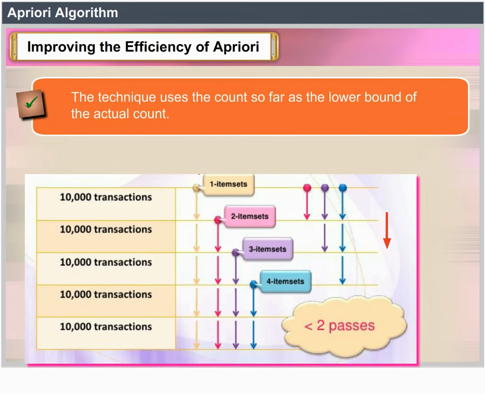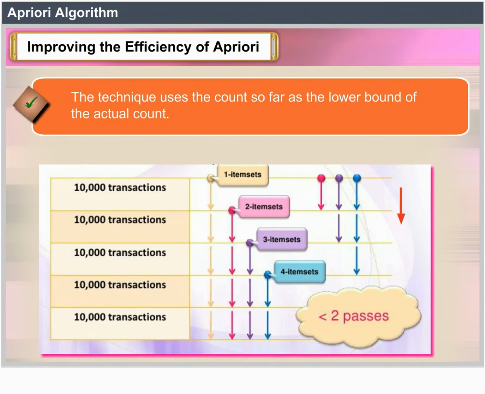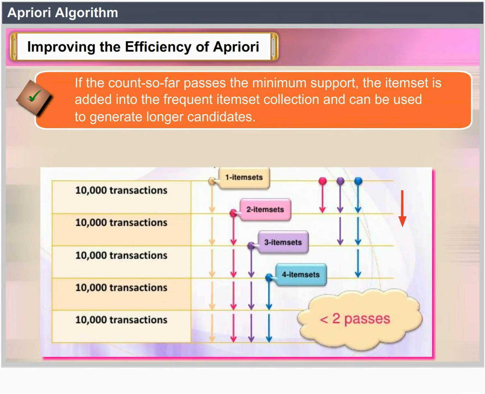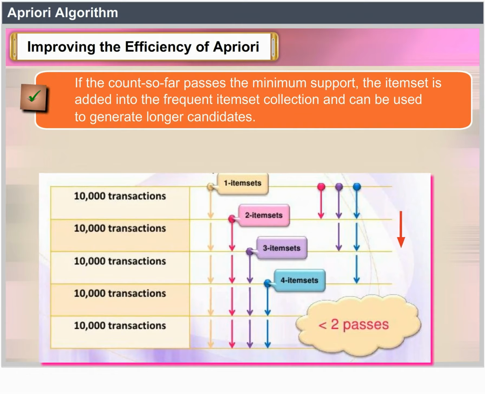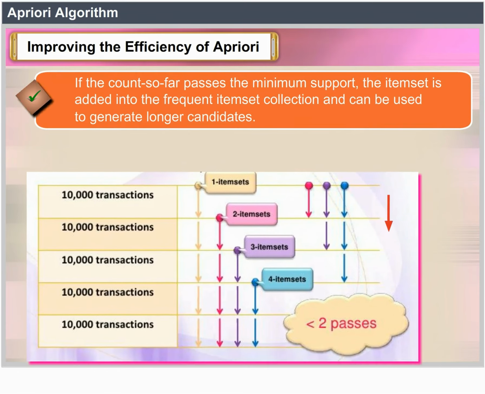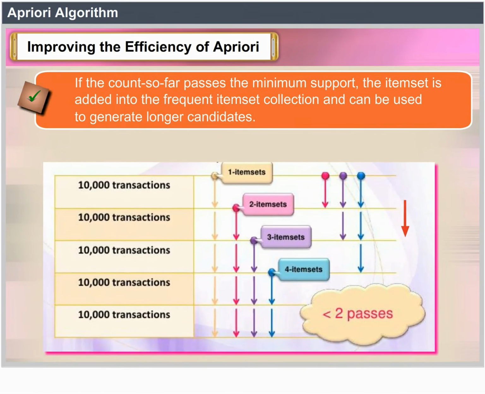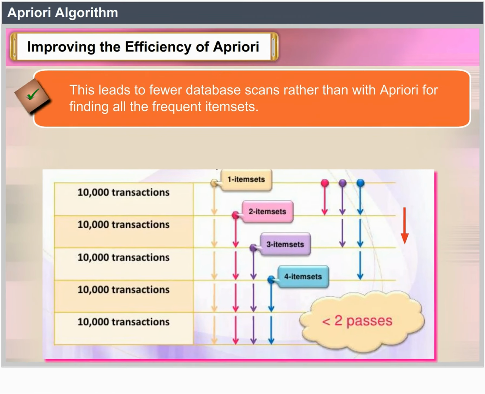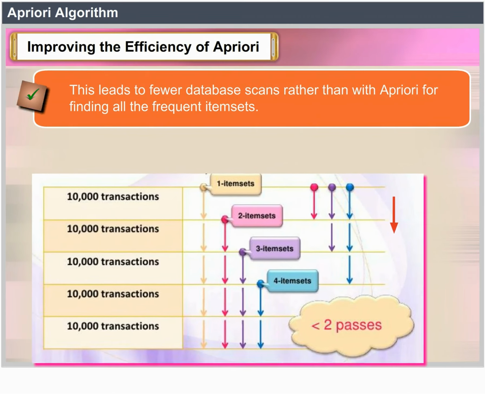The technique uses the count so far as the lower bound of the actual count. If the count so far passes the minimum support, the item set is added into the frequent item set collection and can be used to generate longer candidates. This leads to fewer database scans than with Apriori for finding all the frequent item sets.